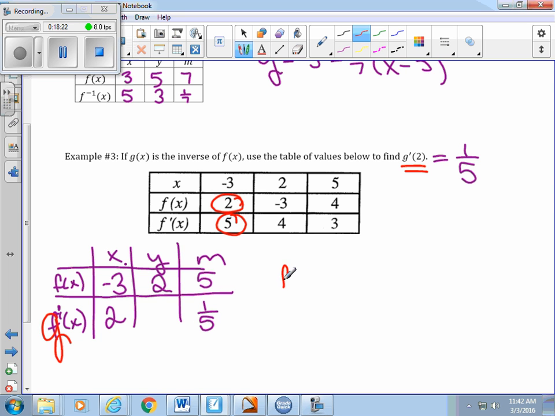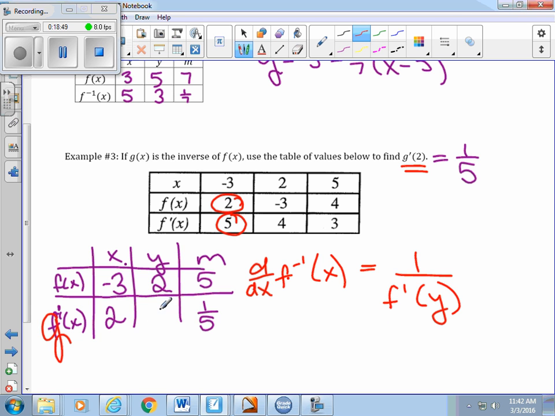Okay, the formula for the derivative of f inverse, because some of you are more formula-driven users, is 1 over f prime at the y value, correct? Well, what is the y value that we're talking about?